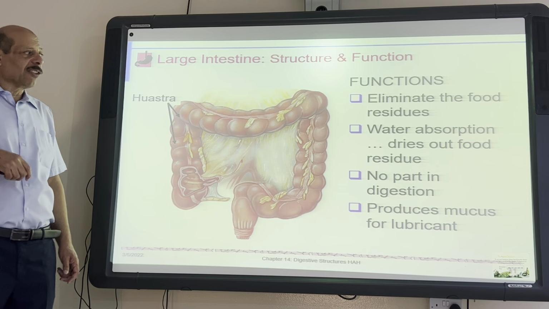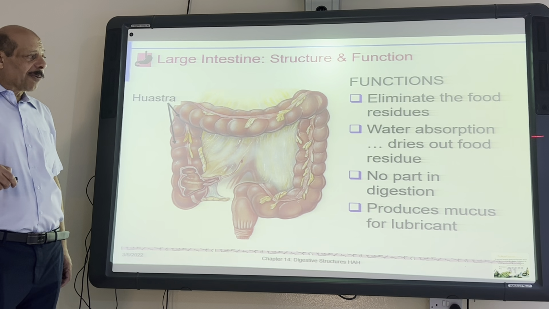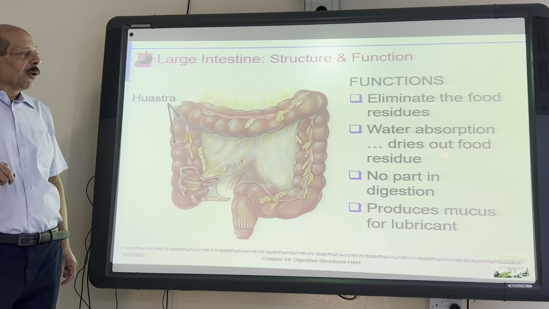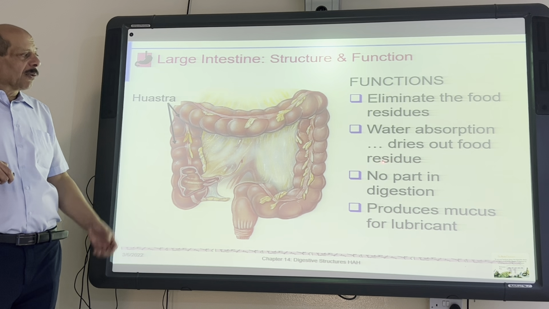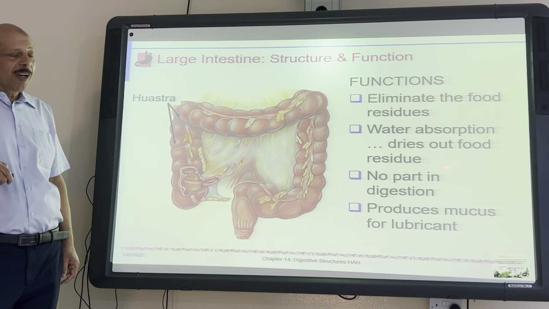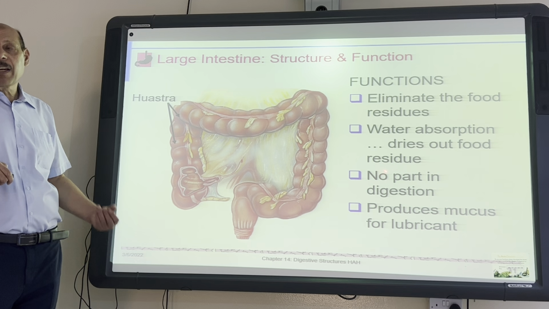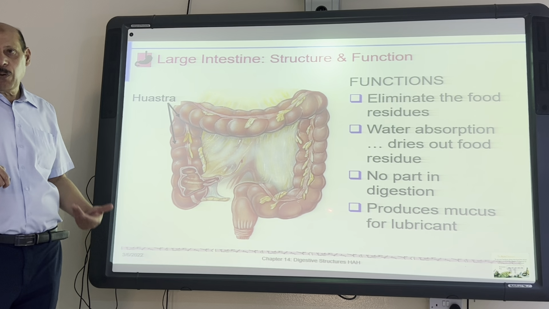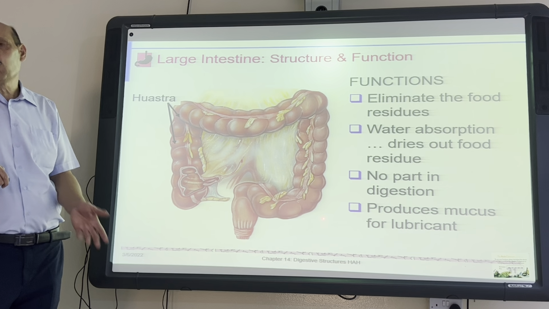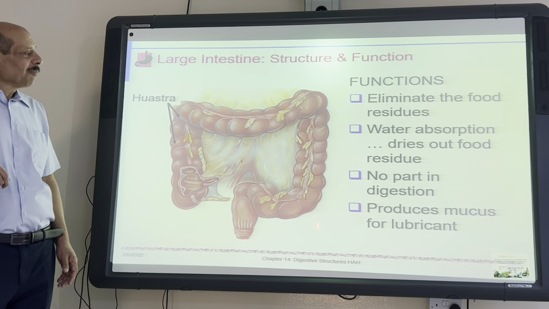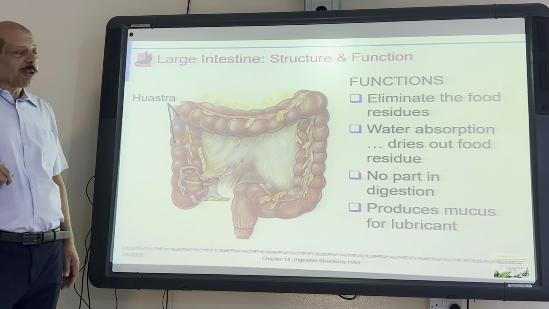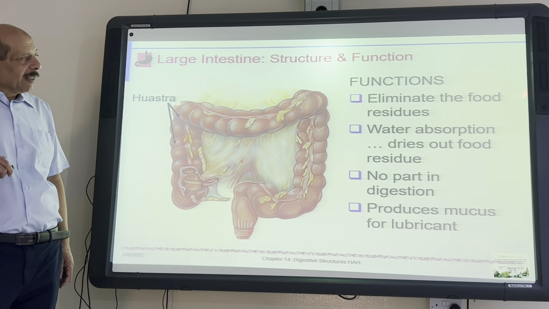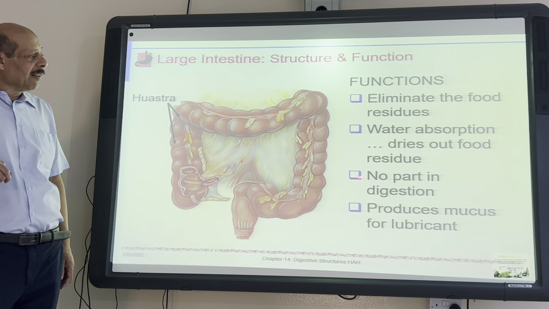It will absorb water, so it will dry out the food residual and make it formed. Otherwise, if the fluid is more, it means that you will have diarrhea always. So it will absorb water and form the stool, so the residual will be eliminated.